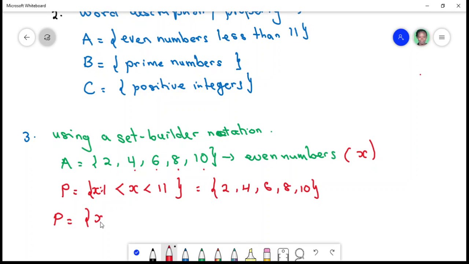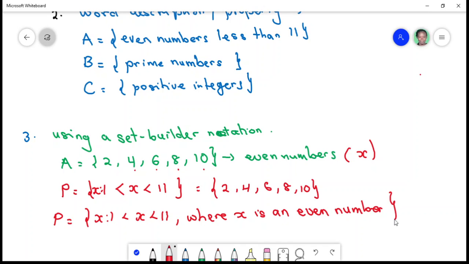So I have X such that I have X less than 11 and greater than 1, where X is an even number. Because we need to know what actually X is. X could be an odd number, it could be a prime. So you actually need to include that as well.